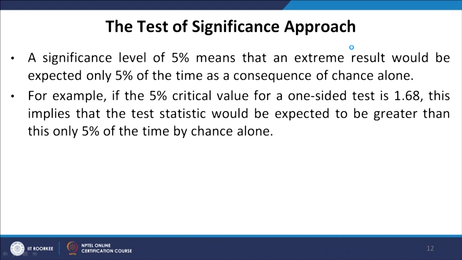For example, if the 5% critical value for a one sided test is 1.68. So, I mentioned that in this bell shaped curve there will be critical values, right. So, suppose the critical value is 1.68 here. This implies that the test statistic would be expected to be greater than this value, that is 1.68, only 5% of the time by chance alone, right.